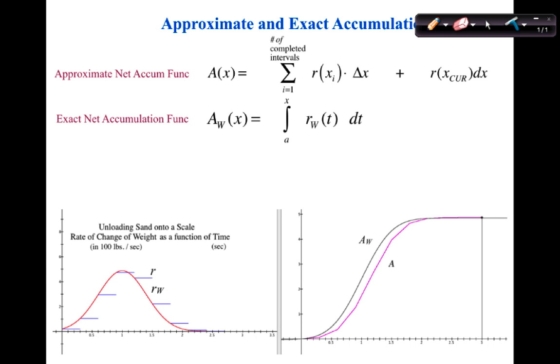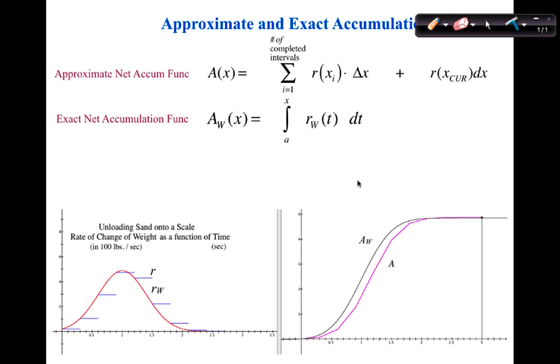So Greek sigma means, what does it mean? Sum. German S means sum. So summing up a bunch of changes, m dx. Same thing. Here's the rate function times little change in x, right? So summing up a bunch of changes in y as x increases. And so that gives us our net accumulation function.